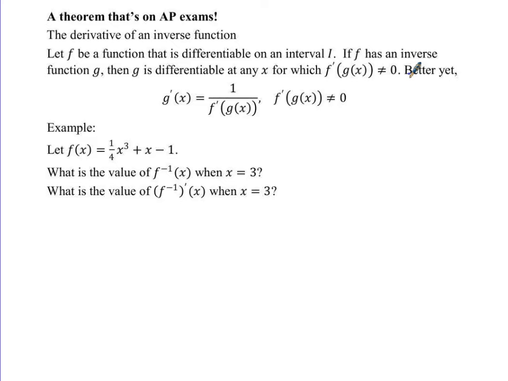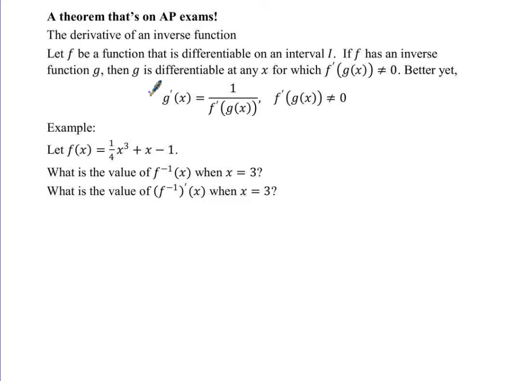Okay. So that's the theorem right there. Or this is the language of calculus instead of in words. G prime of x equals 1 over f prime of g of x, as long as f prime of g of x is not equal to 0. So that's the theorem.